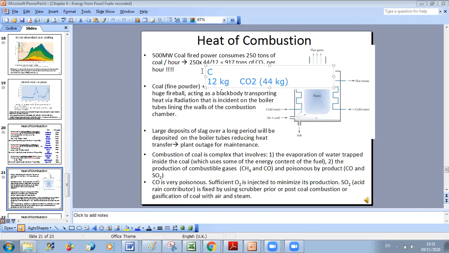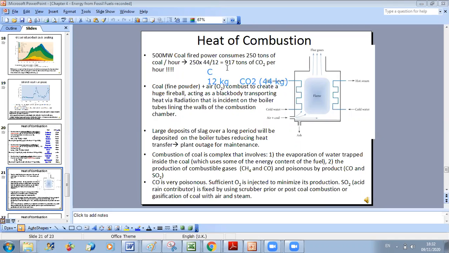This means that if I burn 12 kilograms of coal, I will produce 44 kilograms of CO2. Therefore, in a coal-fired power plant with 250 tons of coal per hour, this will lead to 250 times 44 over 12, which is equal to 917 tons of CO2 per hour.